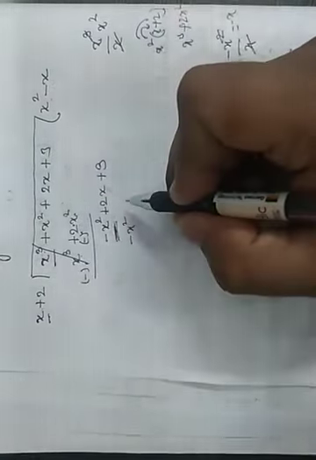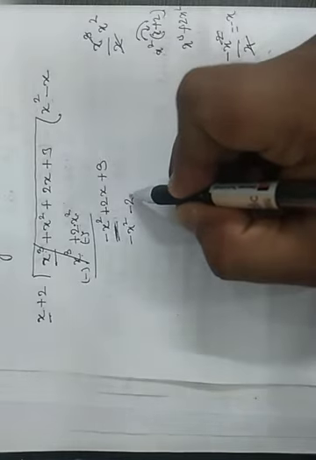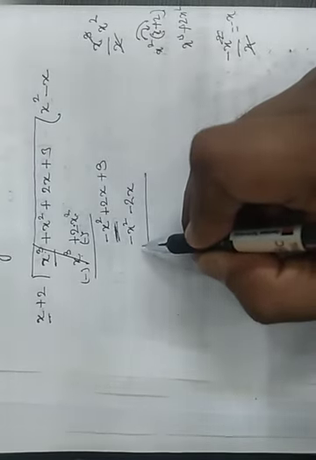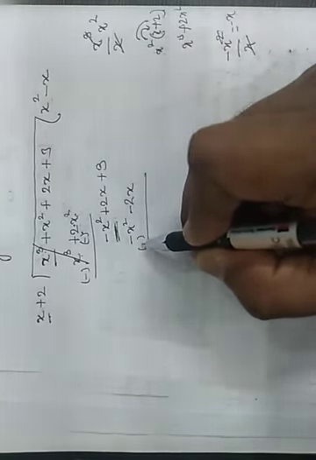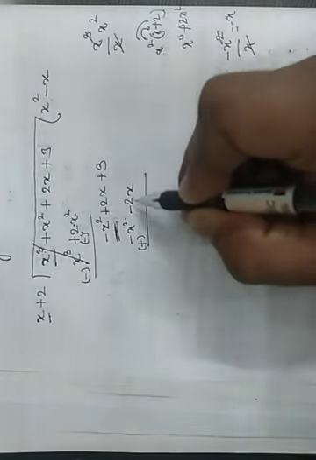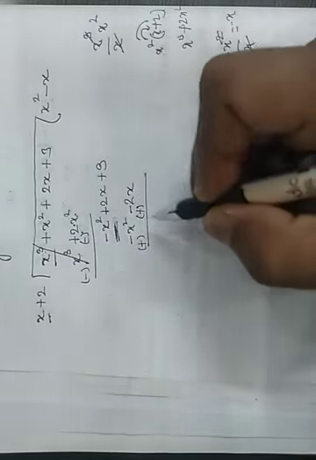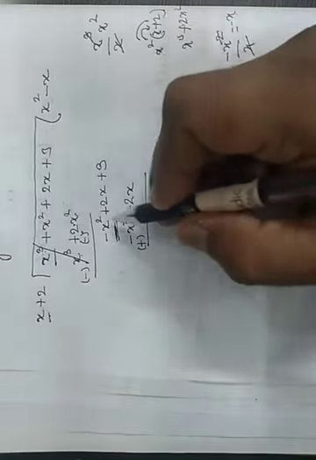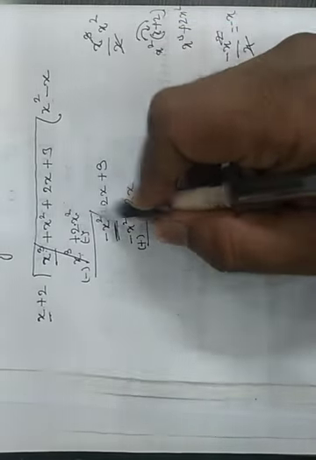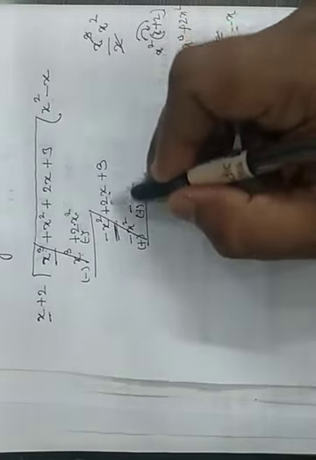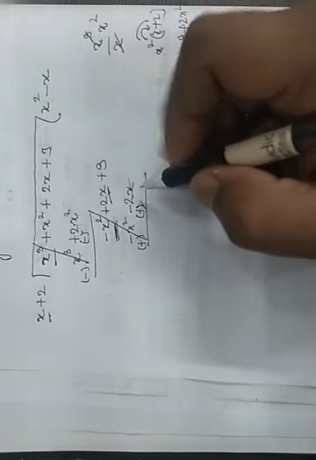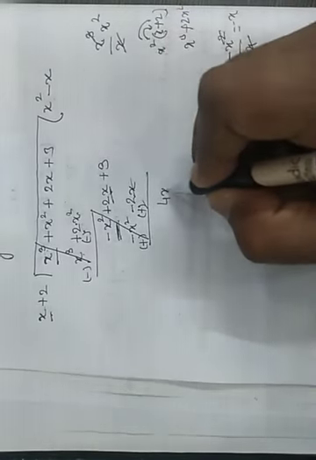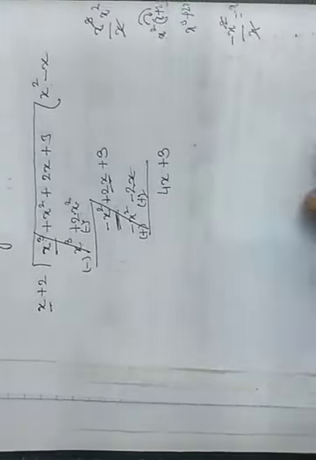Minus x into plus 2, minus 2x. Subtraction. For subtraction we will change the sign. Negative becomes positive and this negative also becomes positive. So minus x square plus x square, cancelled. Plus 2x and plus 2x, that is plus 4x plus 3.